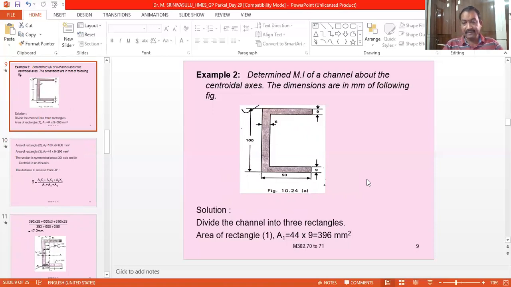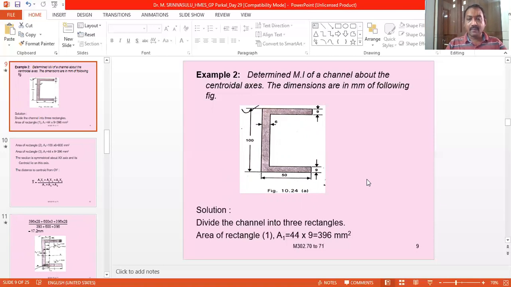So after taking the figure, take down this problem.